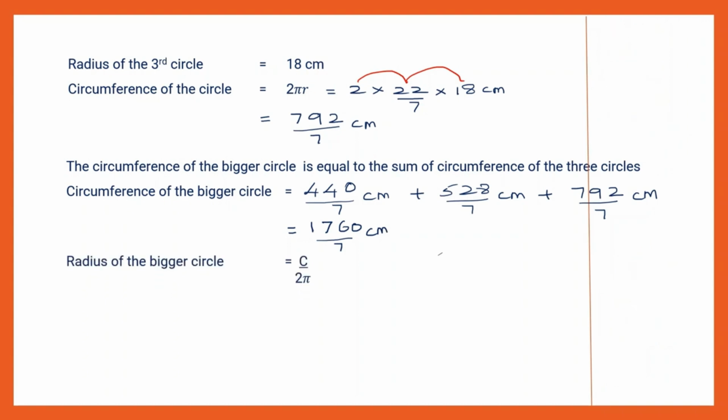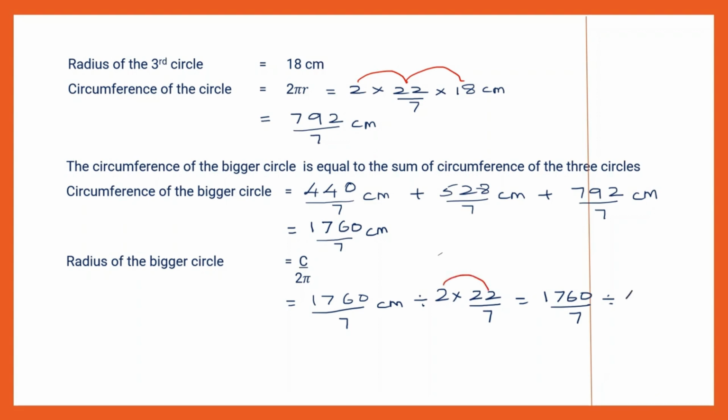And for that, we're going to use this formula, circumference by 2 pi. So that is, we just found the circumference 1760 by 7 centimeters divided by 2 pi, divided by 2 into pi, and pi is 22 by 7, which is equal to 1760 by 7 divided by, now let's multiply 2 into 22.